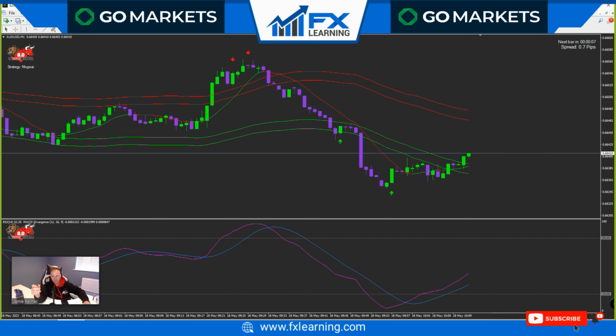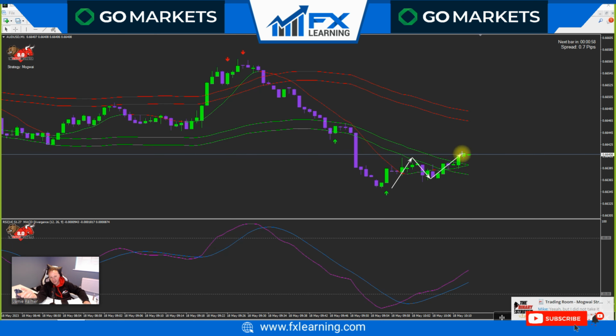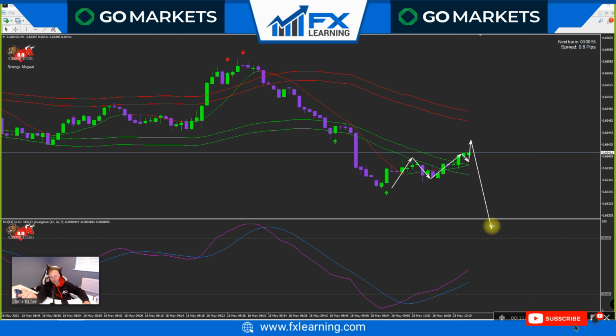This is what's going to happen: a little move up, slight pullback, uptrend, pullback, uptrend, and then you just get bang. I don't want to do that because within 1 minute or 30 seconds, price can literally drop.